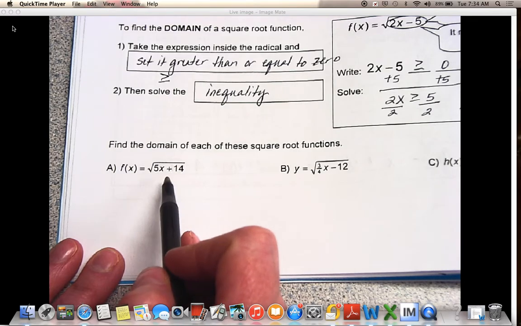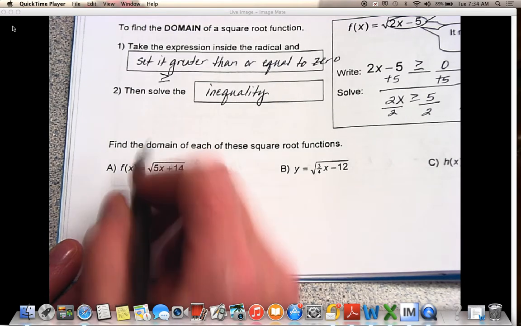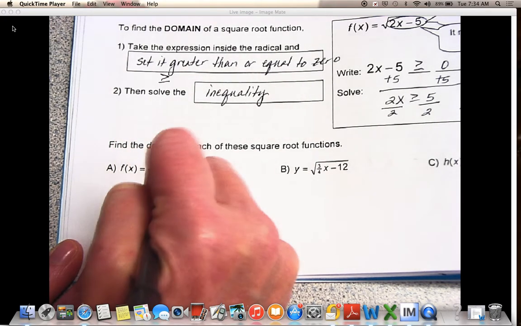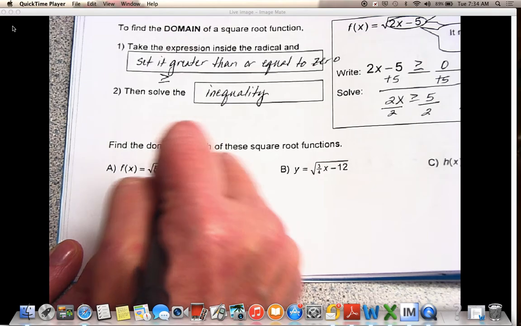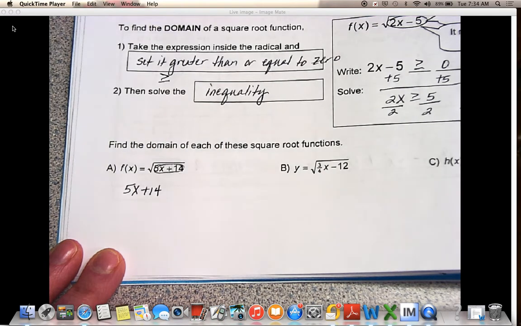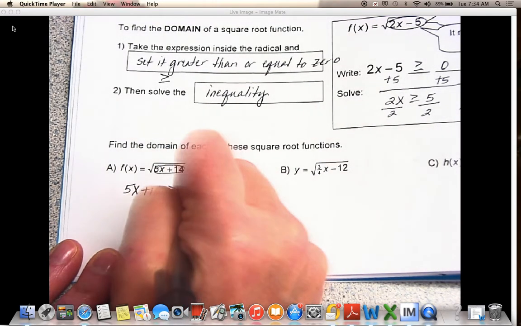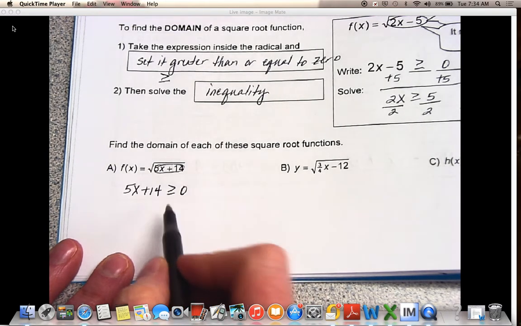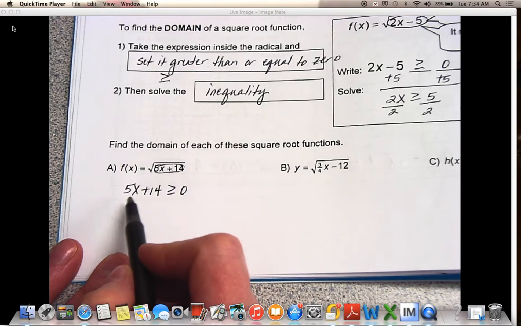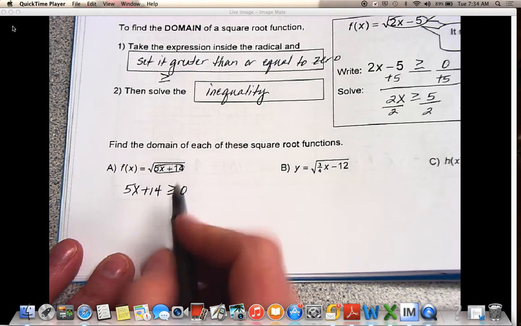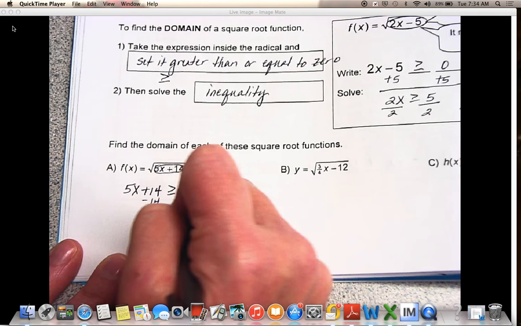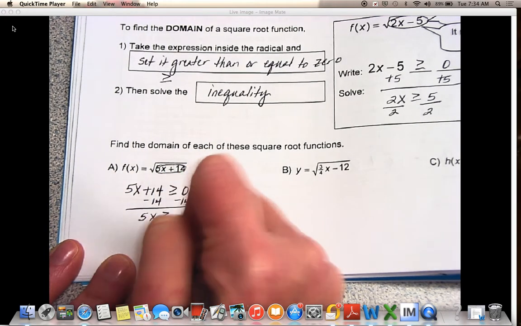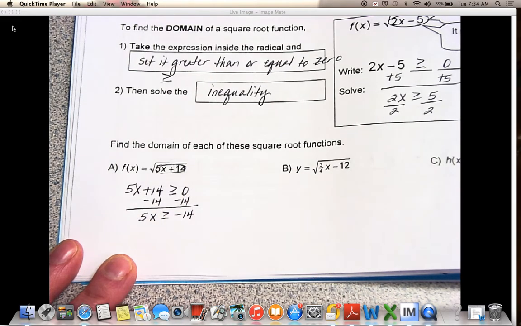All right? So whatever is underneath here, in this case 5x plus 14, has got to be greater than or equal to 0 in order for us to get a good answer. So we're just going to take this expression and solve it for x. The first thing we're going to do is subtract 14. That's going to give me 5x greater than or equal to negative 14.